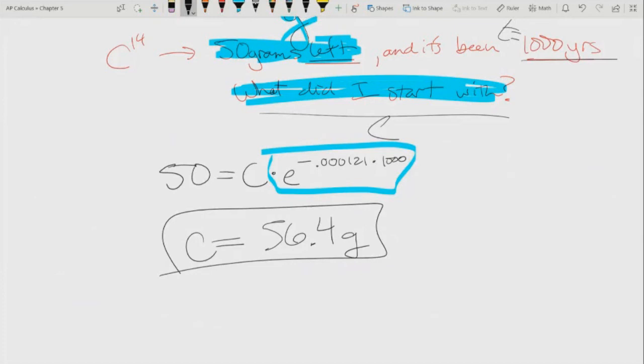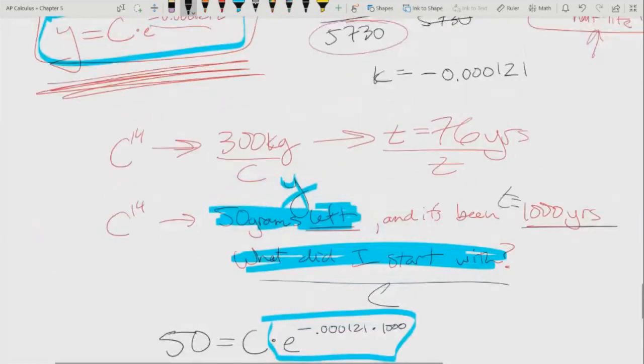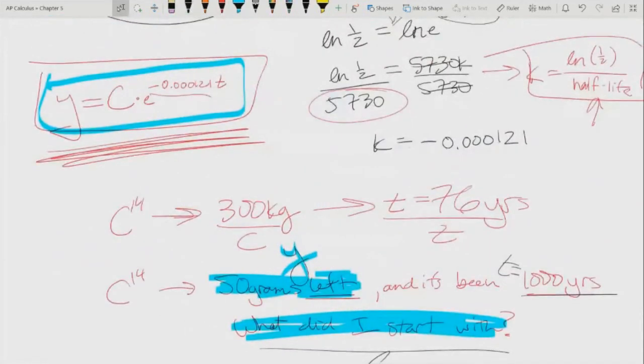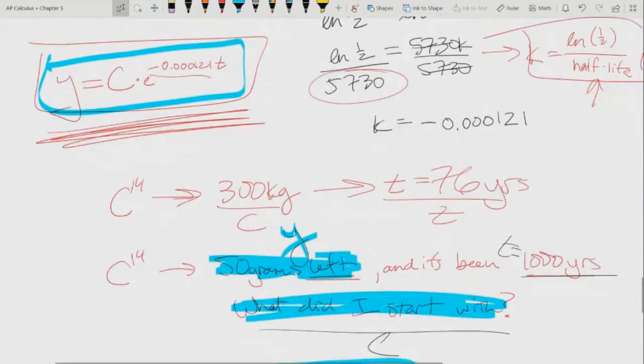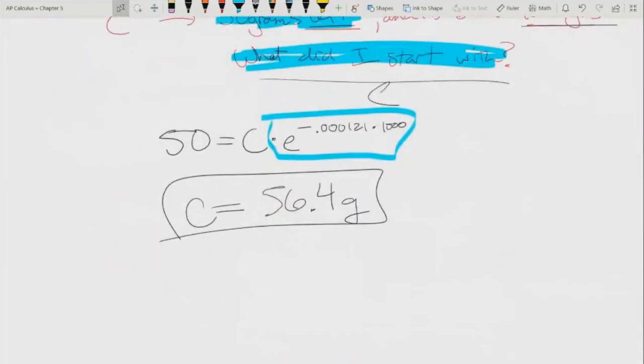So I guess the only other thing we could do here is involve time in some way or another. Which if I had a situation that says, hey, I've got carbon-14 or whatever, and I have a sample now that is 50 grams, and it started off as 121 grams.